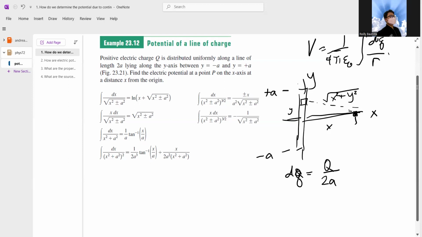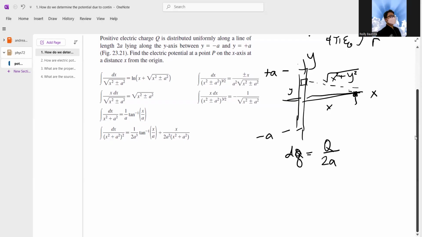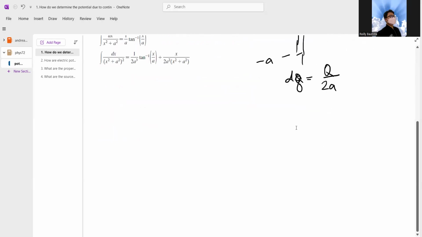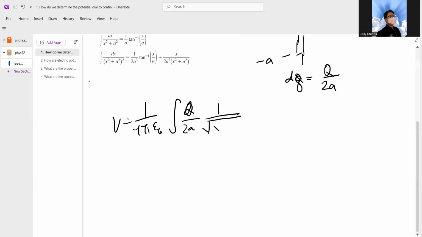Let's assemble the integral. V is equal to 1 over 4 pi epsilon naught, and then we have Q over 2a times 1 over the square root of x squared plus y squared.